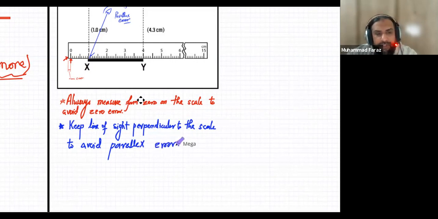Okay. So line of sight must always be perpendicular to the scale. If it is not, you will make a parallax error.